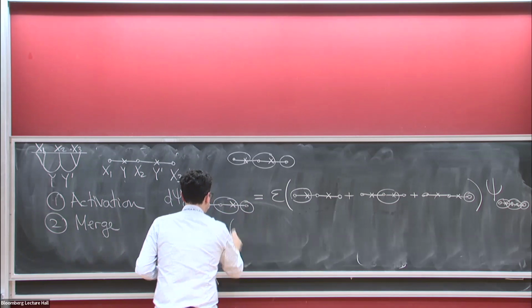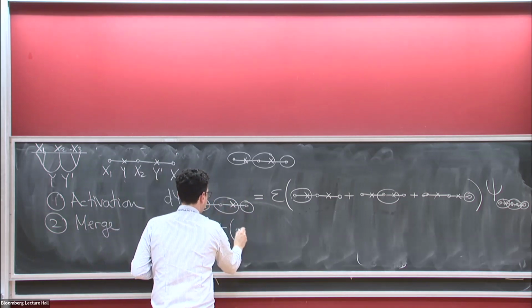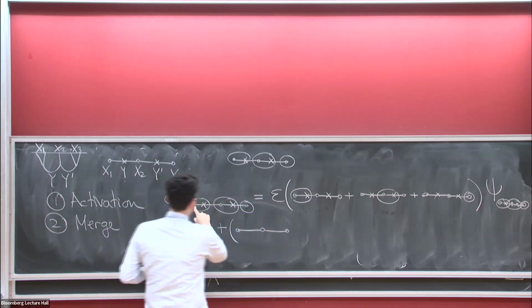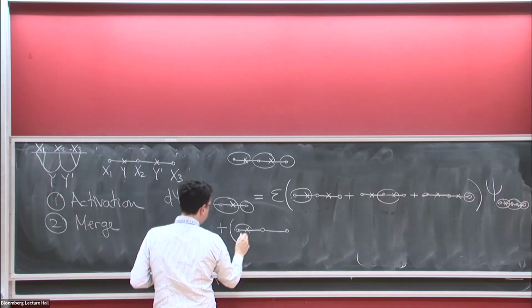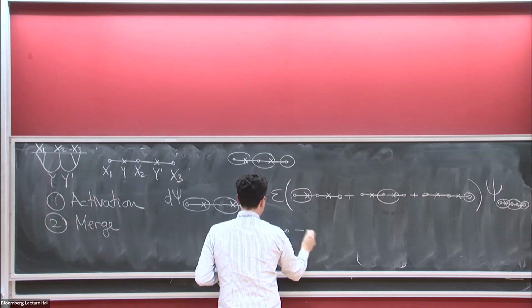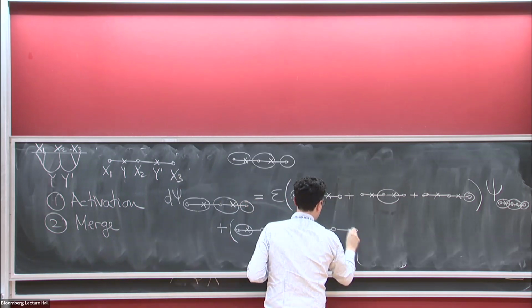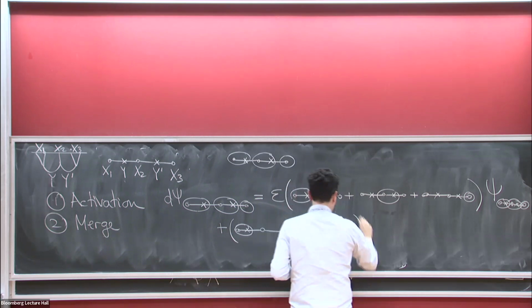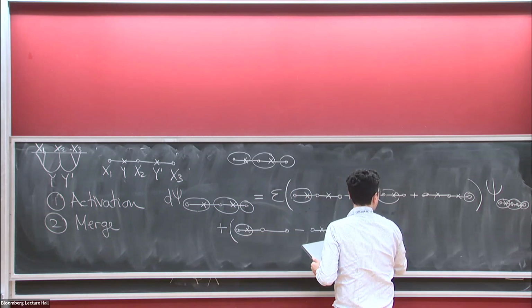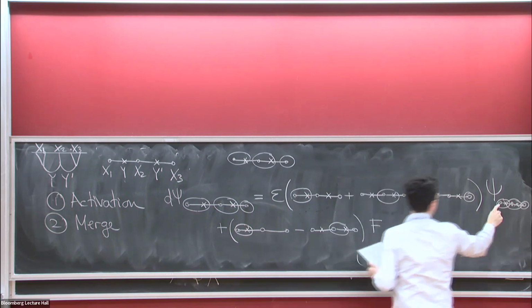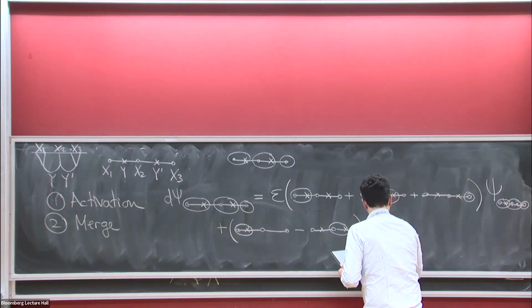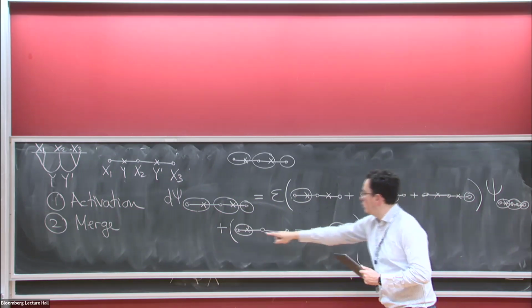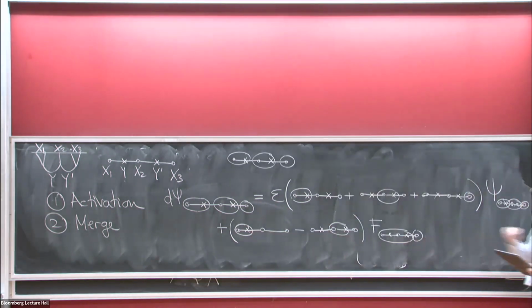So now I get one term that comes from this merger here. It connects these two tubes. So I write this guy minus this guy times the function associated with this merge. You see these two tubes now fused, and I got this new basis function.